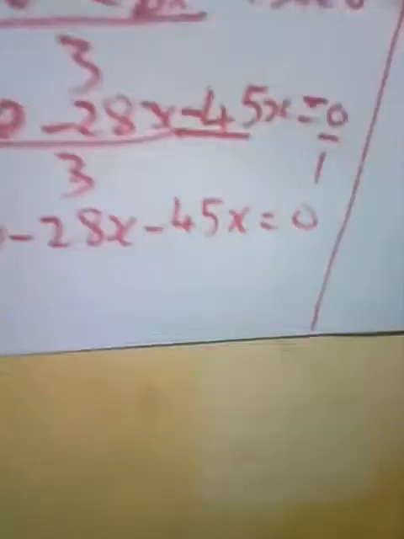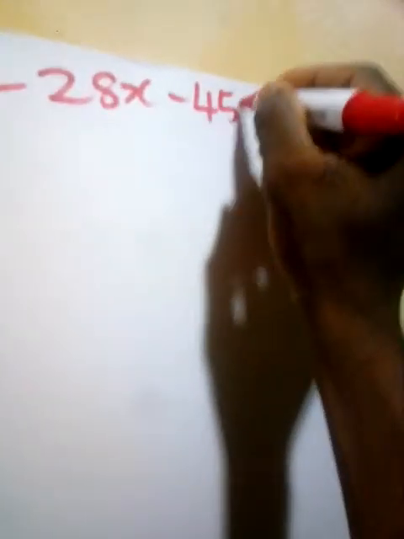So I'm going to collect all my x terms on one side and the constants on the other side. This gives me minus 28x minus 45x equals minus 70 because 70 crossed to the other side.